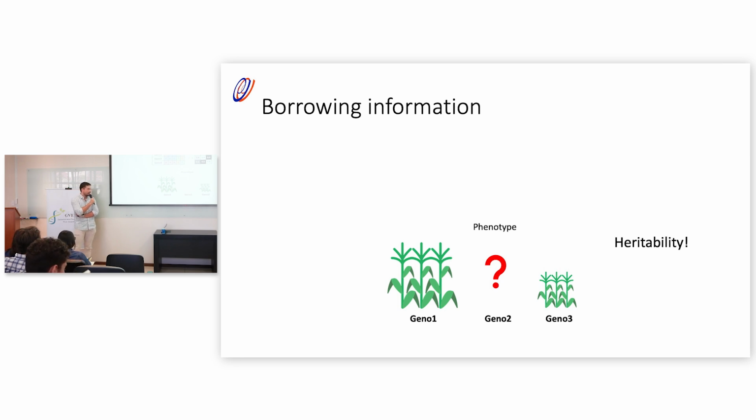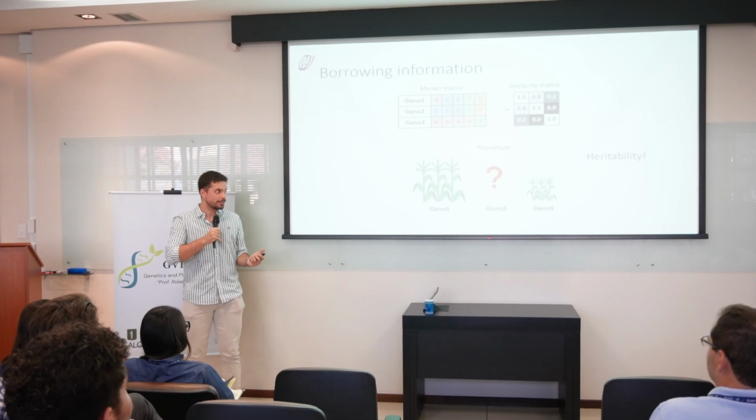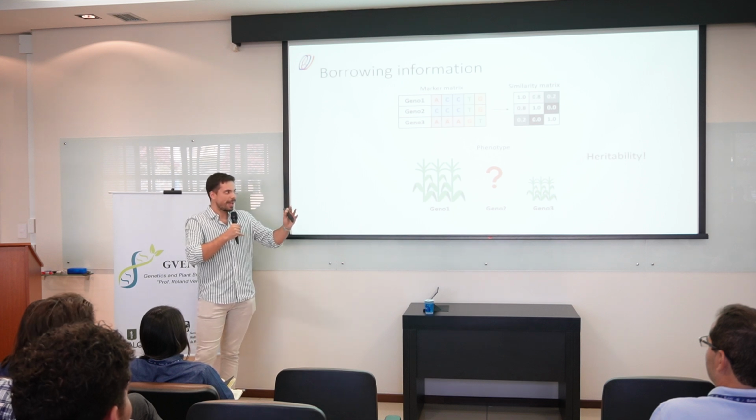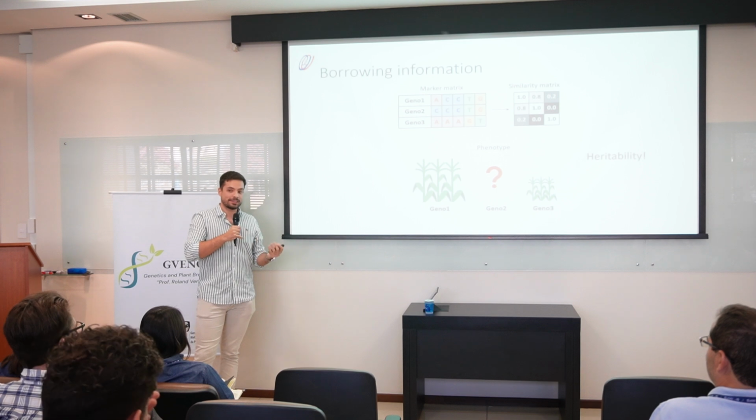So can you tell me how it's going to be genotype 2? Well, we could think that it has to be a big plant, right? But that's not really true. It depends on the heritability. Heritability tells us how much of the phenotypes that we see can be imputed to the new lines just by relatives.